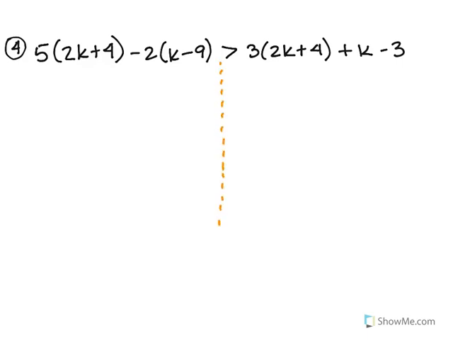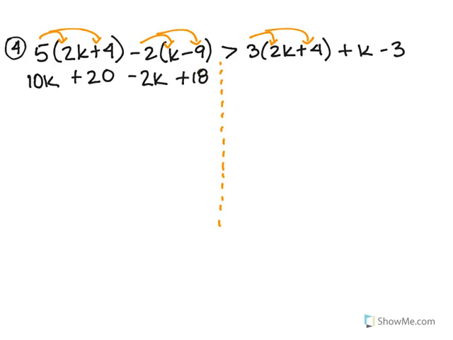Okay, I'm going to set it up, work it just like an equation, meaning I'm going to do distributive property with these parentheses. And so that would give us 10K plus 20 minus 2K plus 18 is greater than 6K plus 12 plus K minus 3.